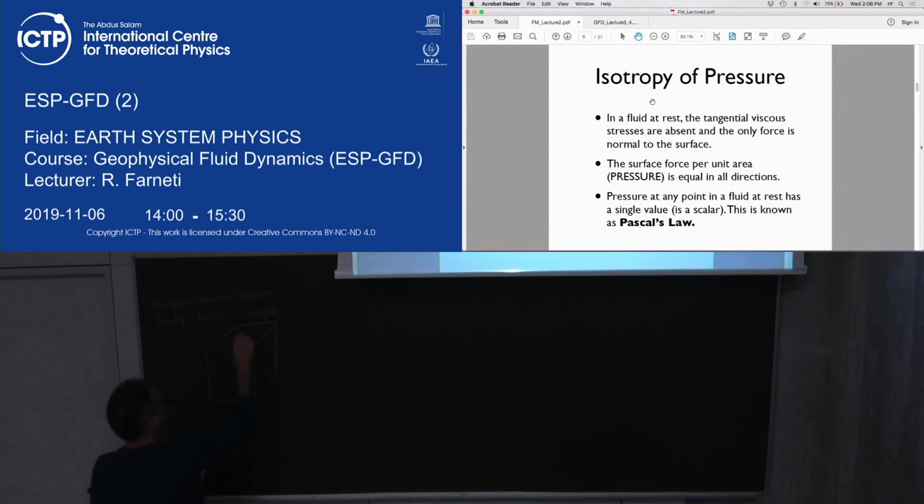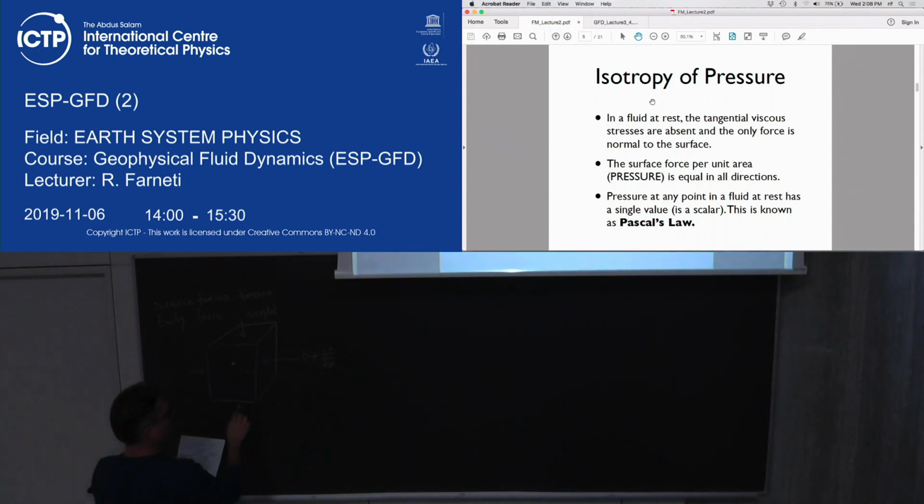So in this direction, what do we have? Then we have pressure in this direction, this direction, this direction, and of course the other two sides as well. Referenced to the center of the element of fluid, we have pressure plus dp by dx times delta x over 2.